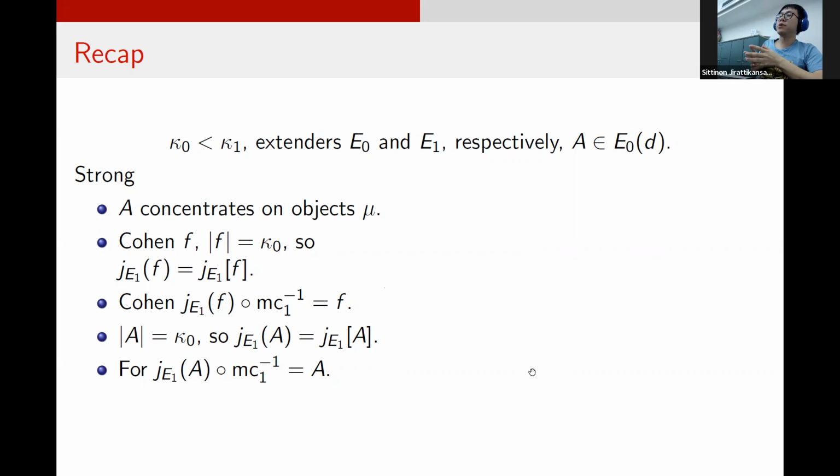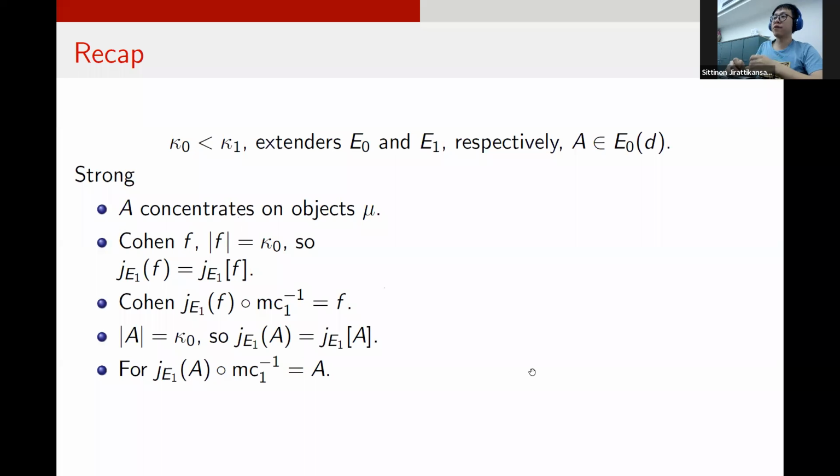And if I want to compute j E1 of F, it's simple because kappa 0 is below kappa 1, which is the critical point of j E1. So if you compute j E1 of F, it's just going to be the pointwise image.